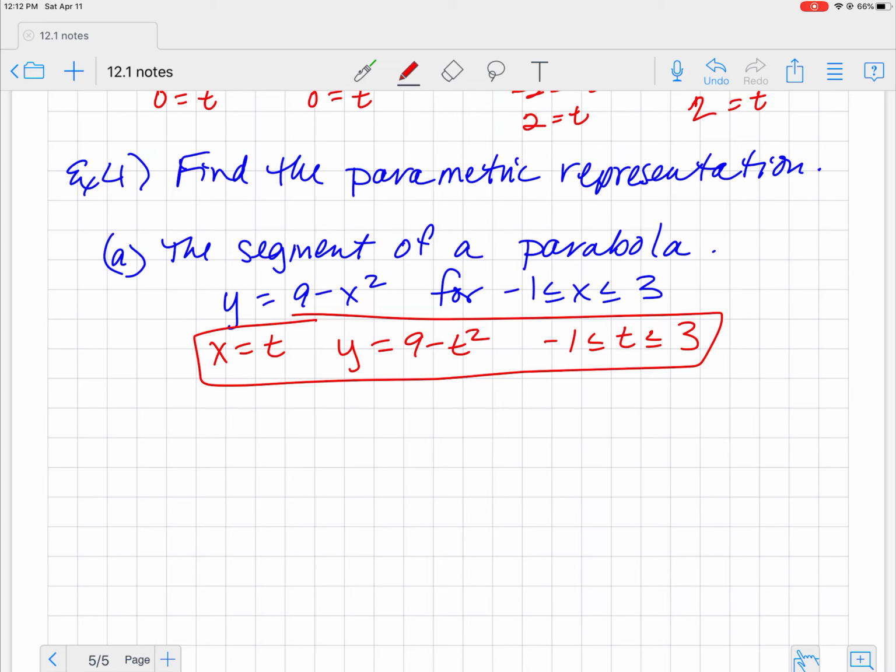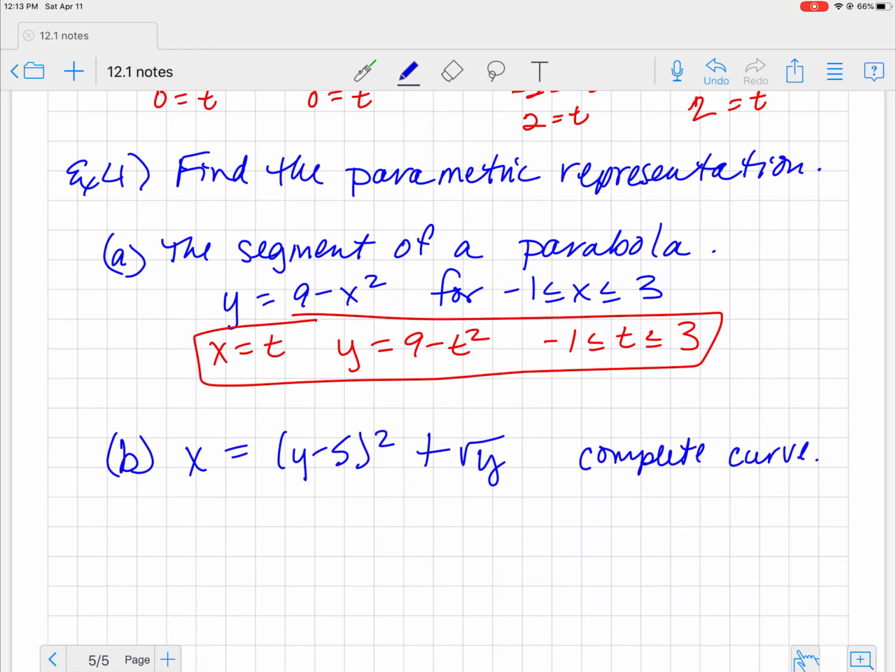All right, if you don't have that set up formula for you, generically how you come up with these parametric equations is you just take that inside function and set that equal to your t. For instance, if I have x is equal to (y minus 5) squared plus the square root of y, and I want to look at this in terms of the complete curve, you're not going to go around and try to solve that thing for y.